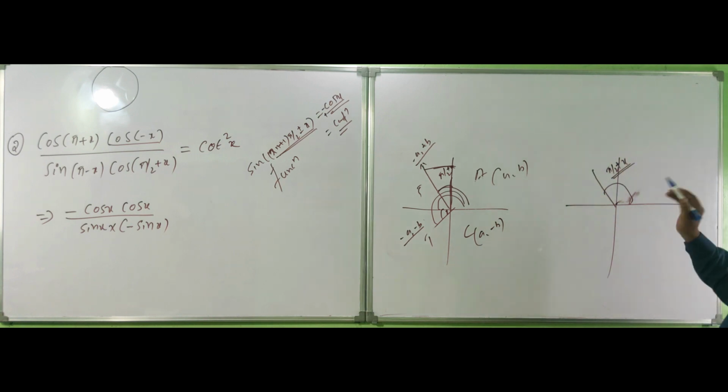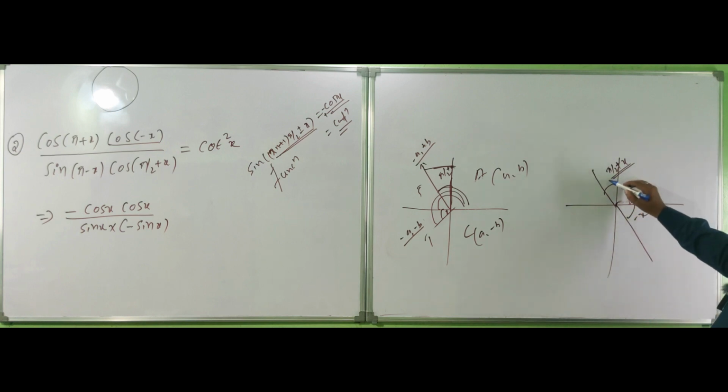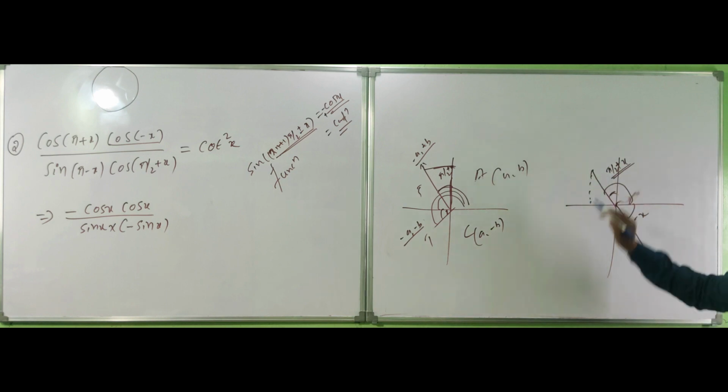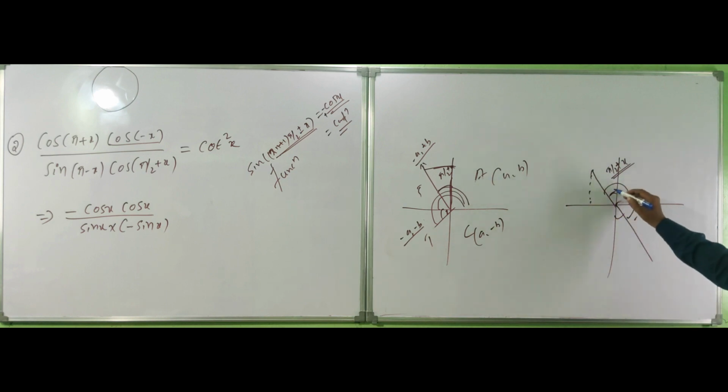You cannot get the exact value by taking this angle, because it gives only x, not pi by 2 plus x, since the angle is measured from here.